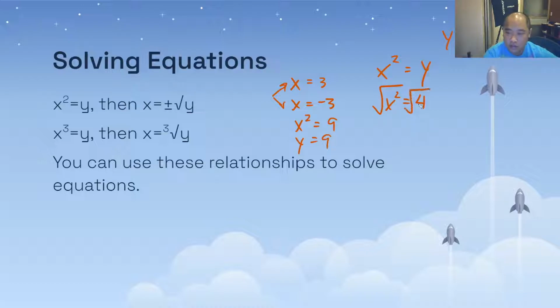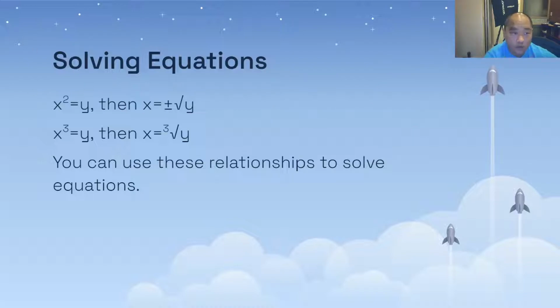You take the square root of both sides, then the answer would be plus or minus 2. But with a cube root, that is not the case.